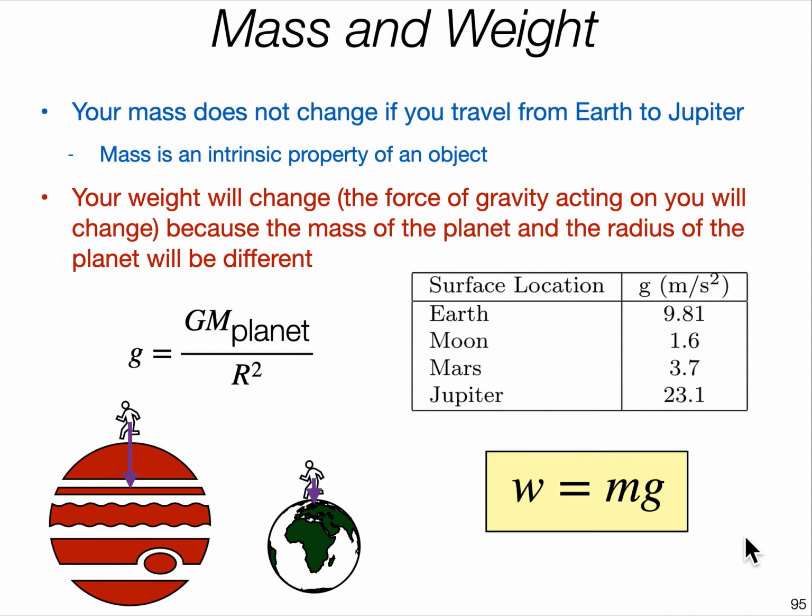Based on this formula, my mass is the same everywhere, but I plug in different g's, and I can figure out my weight on different planets. On Earth, the force of gravity pulling down on me may be one number. On Jupiter, it's going to be at least 4 times larger or so, or 3 times larger. Okay, that's mass and weight. Mass is the same anywhere, weight changes.